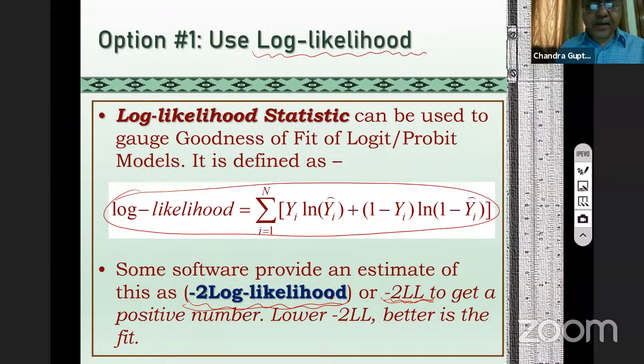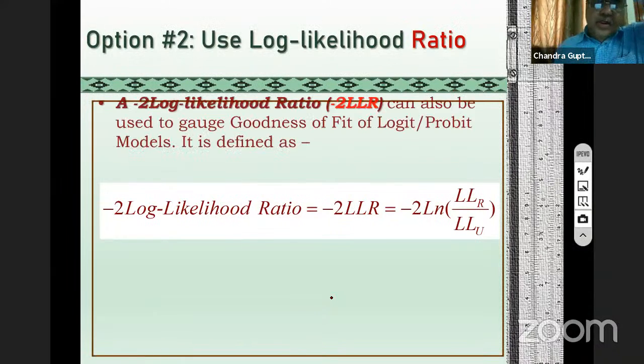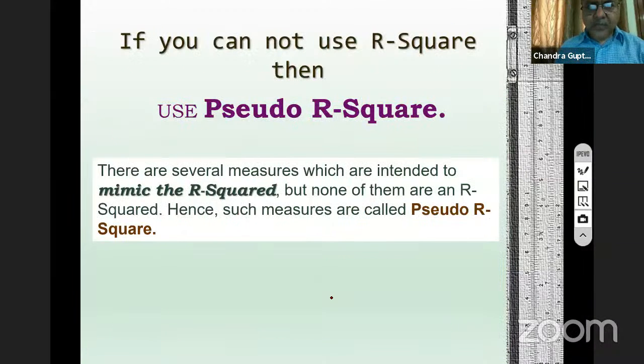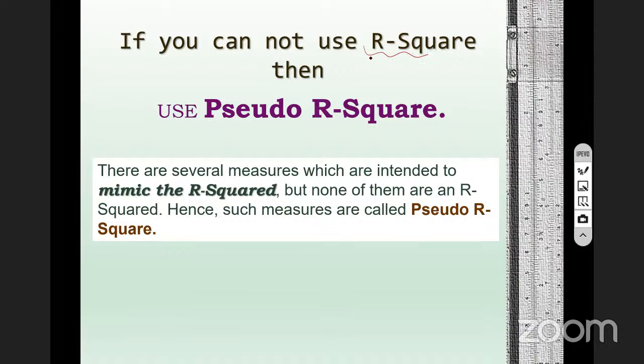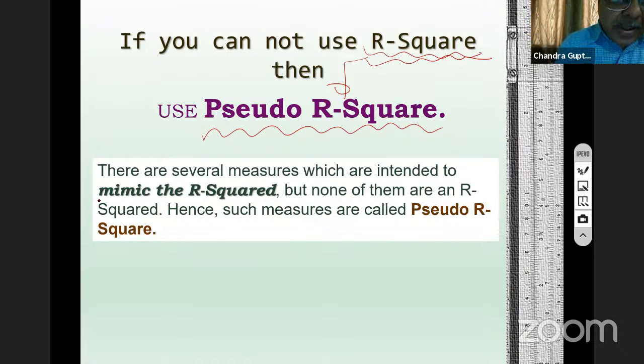The lower it is, the better the fit is considered to be. Instead of using log likelihood, some people suggested we should use a log likelihood ratio. Then, similar to R square, in logit and probit models we get what is called pseudo R square. They behave like R square, but actually they are not R square, and therefore they are called pseudo R square. They mimic R square.